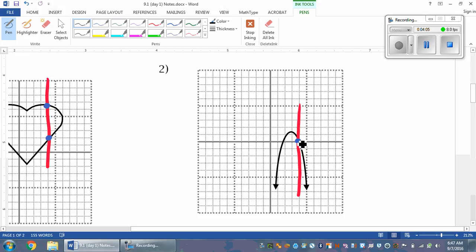Since my relation only touches my vertical line once, and I could have multiple vertical lines, you would only touch once each time. So yes, it's a function that passes the vertical line test.